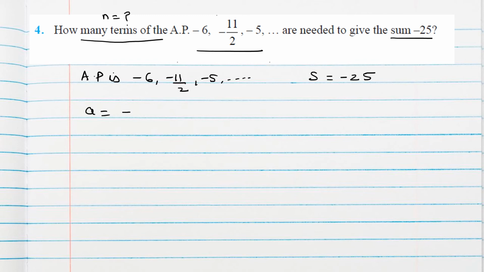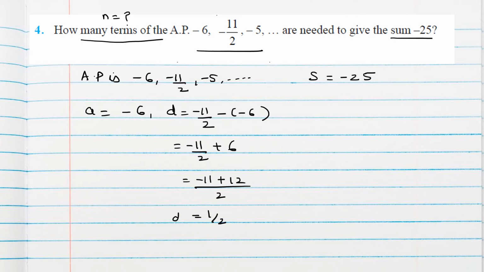A we can write as minus 6 and D will be minus 11 by 2 minus of minus 6, that is minus 11 by 2 plus 6. Cross multiply. So D will be 1 by 2. So D is 1 by 2 and A is minus 6.